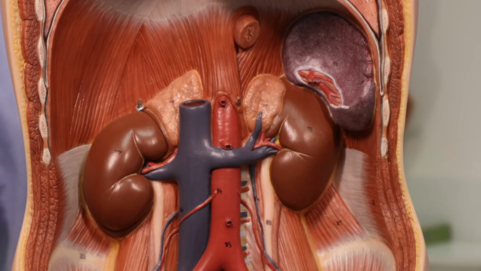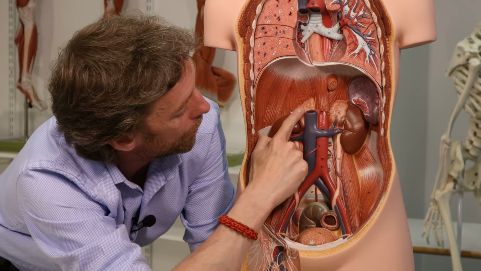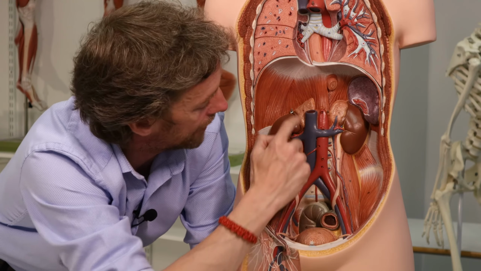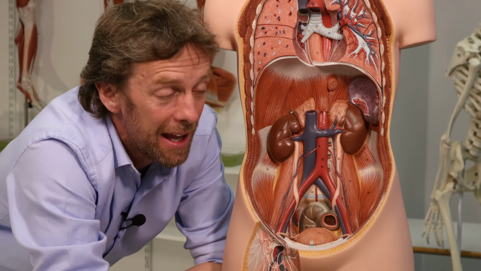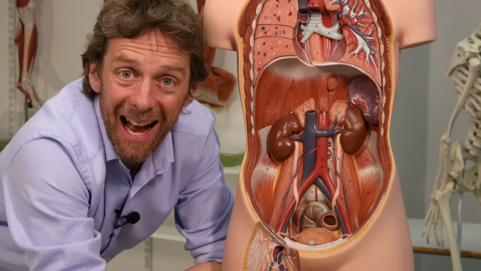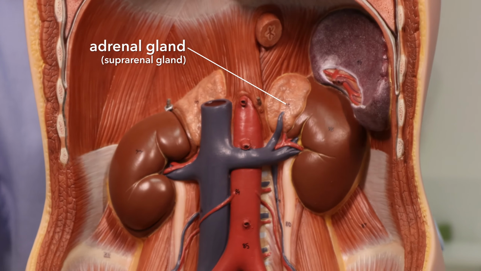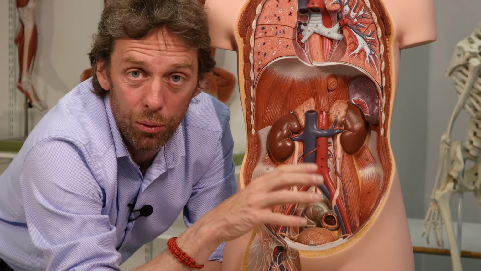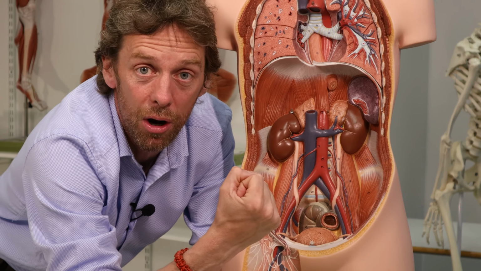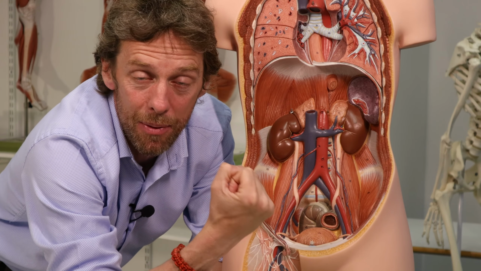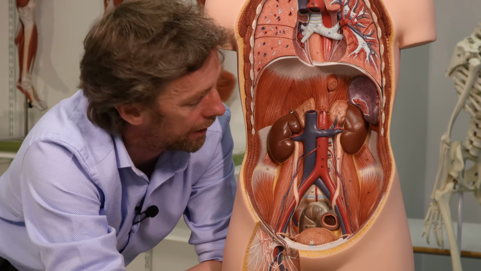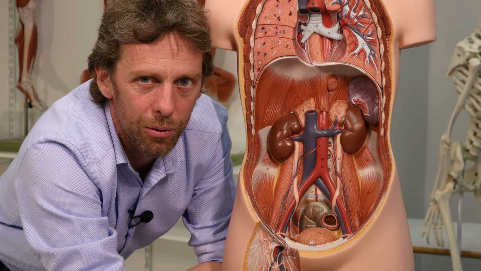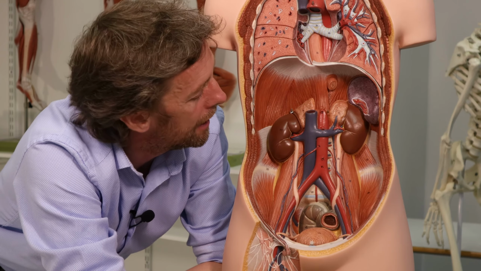Now on the superior pole of each kidney we have a suprarenal gland or an adrenal gland. Now the adrenal glands make adrenaline and noradrenaline. Obviously that's involved in the fight or flight response, in the adrenaline rush, in the activation of the sympathetic nervous system so you can fight or fly away, run away.